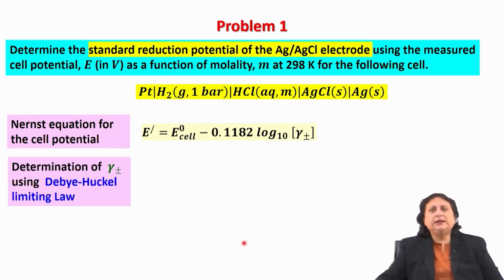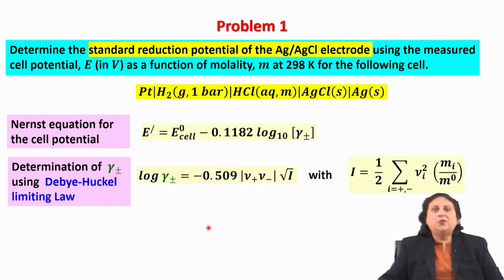Now, going ahead, obviously, one of the ways in which you can determine gamma plus minus of the aqueous solution is by using the Debye-Huckel limiting law. So, let me remind you what the Debye-Huckel limiting law is all about.